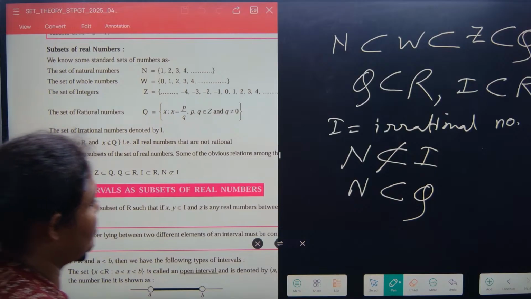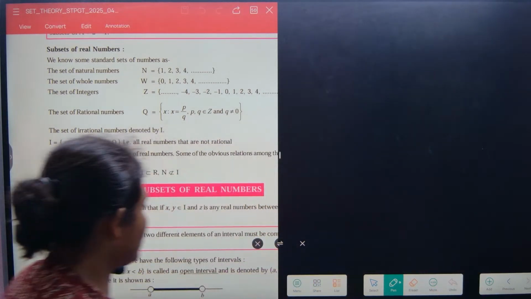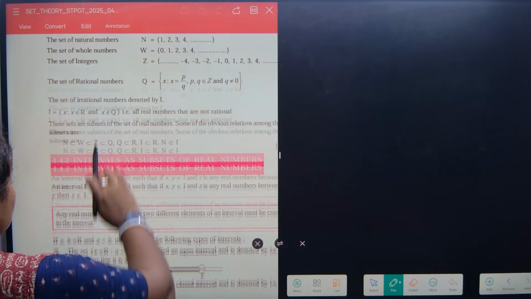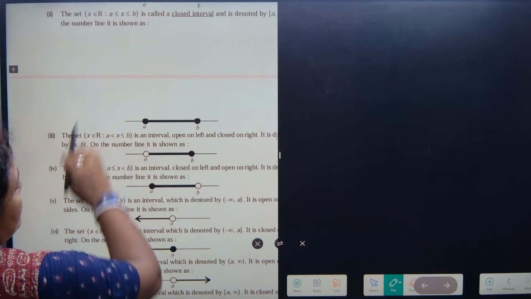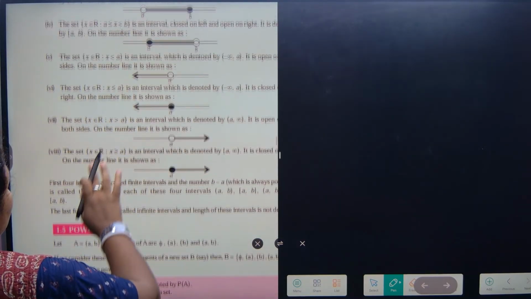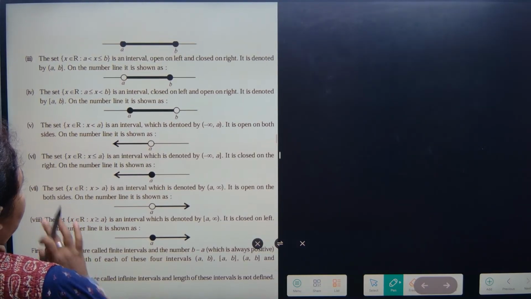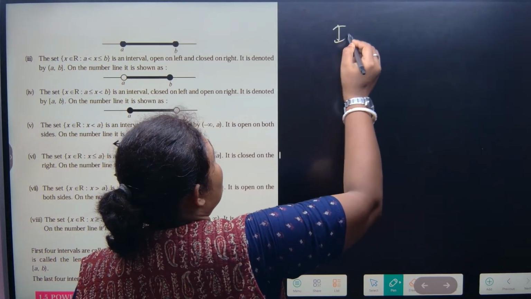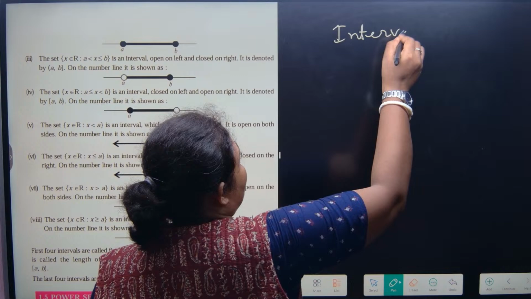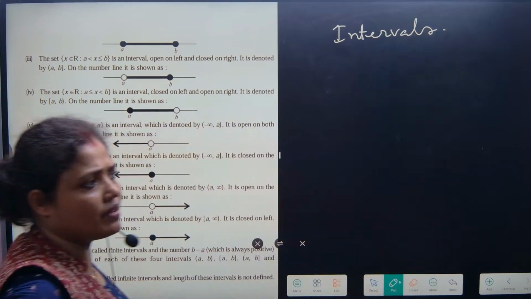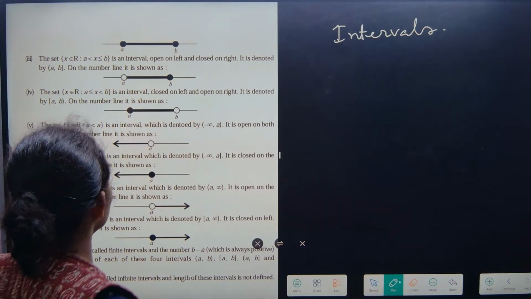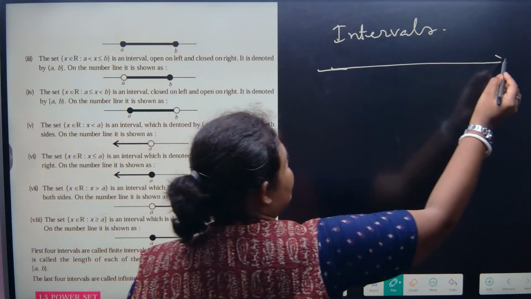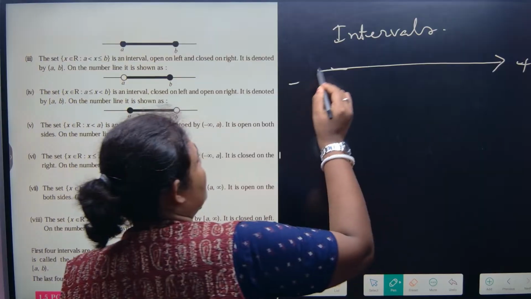Next, we have the intervals. In intervals, we must know the real line. This is called the real line.